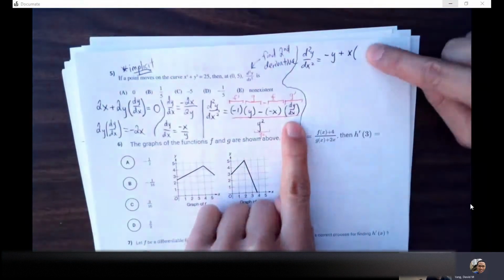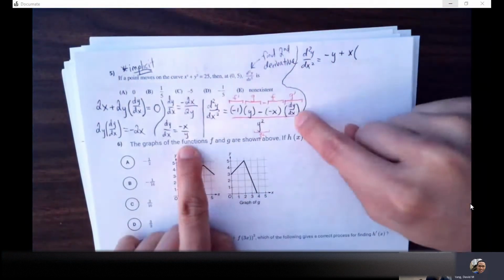So I'm just going to make a simple replacement here, dy dx replaced with negative x over y, and all over y squared.